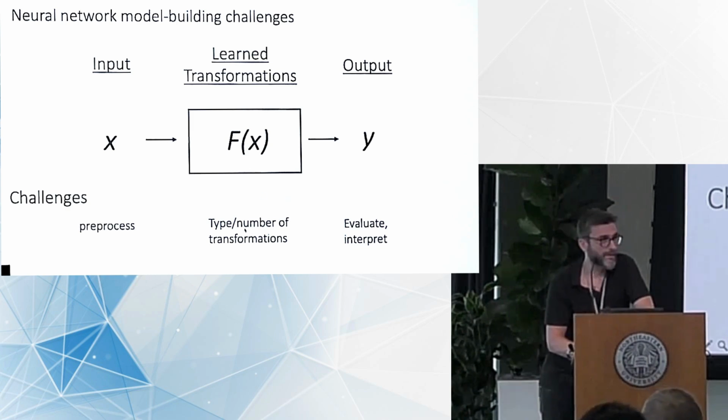What are the type and number of transformations that they're asking the model to learn from the data? How can you evaluate the performance of your model, and how can you interpret what this network is doing or not? These are things we always want to make clear. So we're going to try to do that today for our particular example of genome folding.